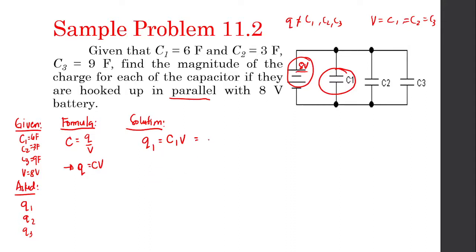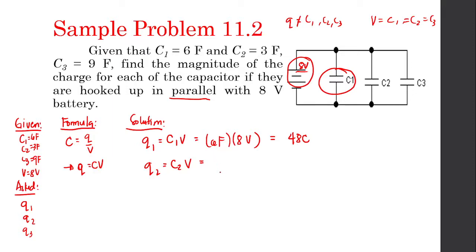So Q1 equals the capacitance of capacitor 1, which is 6 farad, multiplied by its voltage, 8 volts. That will give you a Q1 equal to 48 coulombs. We just have to do the same thing for our second capacitance.